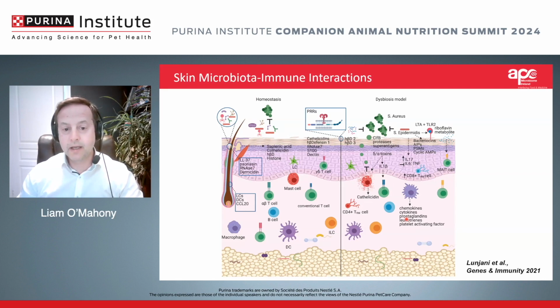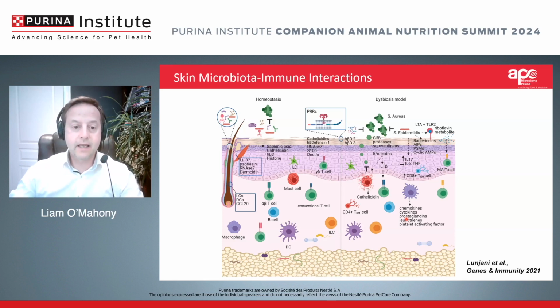Microbes can activate pattern recognition receptors. For example, toll-like receptor 2 is activated by the lipoteichoic acid from Staph epidermidis, but also released metabolites can activate the immune system. So the mucosal associated invariant T cells respond to riboflavin metabolites coming from microbes on the skin.